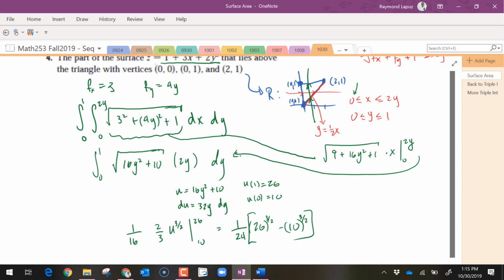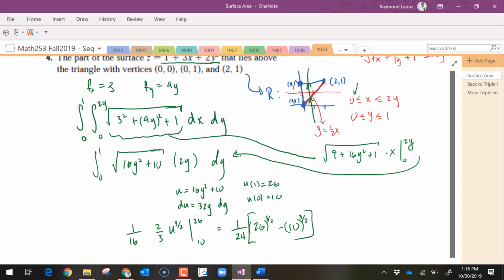So I decided to do the integral here. With respect to x, it is x times this, because this thing is only constant.